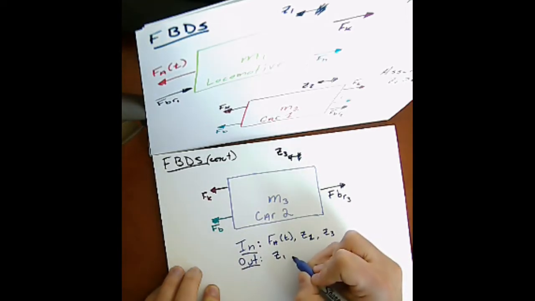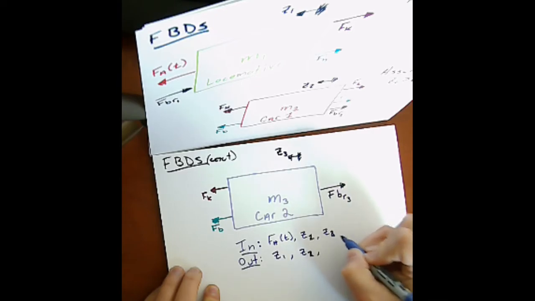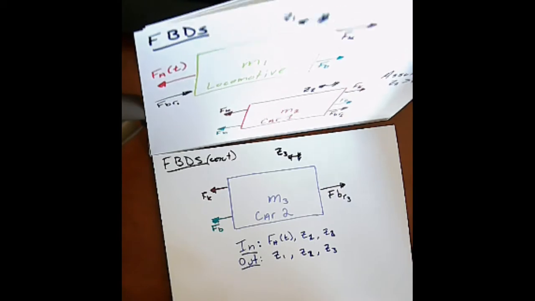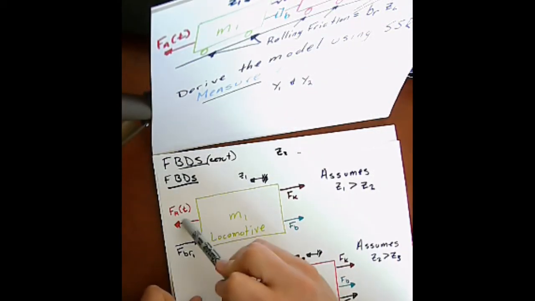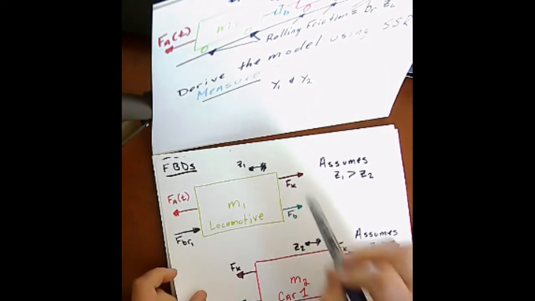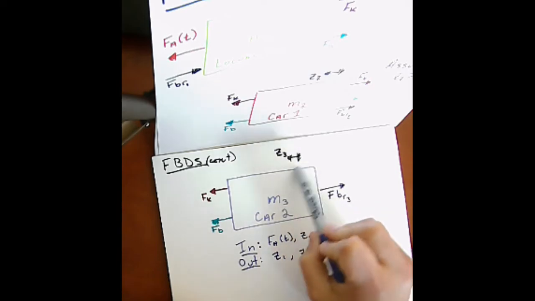My bad. Z1, Z2. This is Z2, and this is Z3. So applied force and Z1 are the input and output combination for this block diagram. I put in this applied force, I get some motion. This motion then controls the motion coming out of here. And this motion, Z2, controls the motion coming out of here.